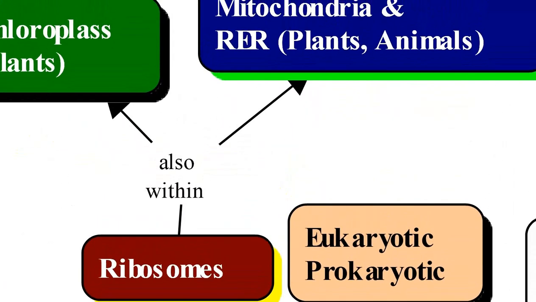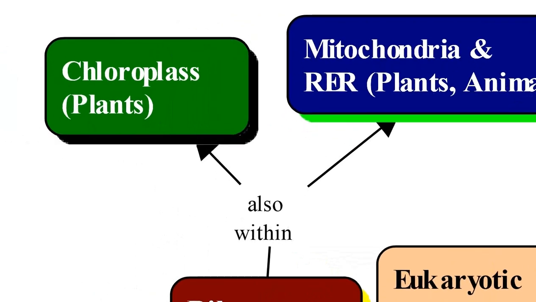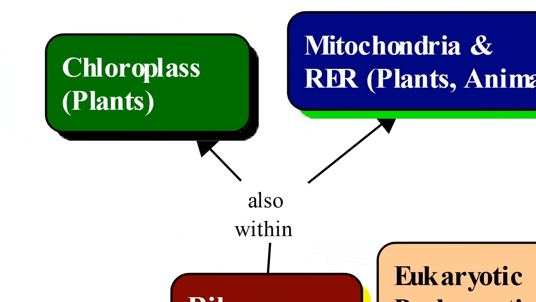These ribosomes are present in mitochondria and in the rough endoplasmic reticulum, in both plant cells and animal cells. And apart from this, in eukaryotic plant cells, the chloroplast also contains ribosomes, but the type of ribosomes will be different.